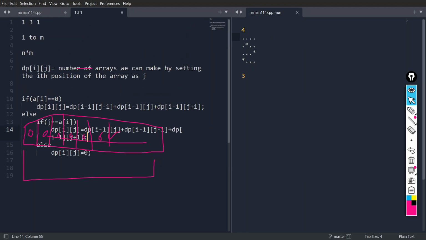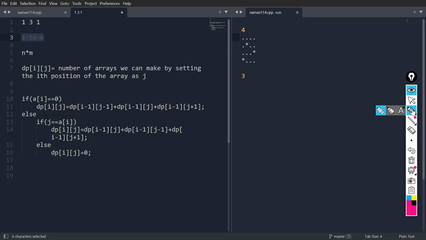Is 0 a valid range? No, 0 is not in a valid range. So I should be putting 0 everywhere, right? So in the first row and the first column, this should always be 0, because I should not put zero in any of the things, because zero is not in the valid range.